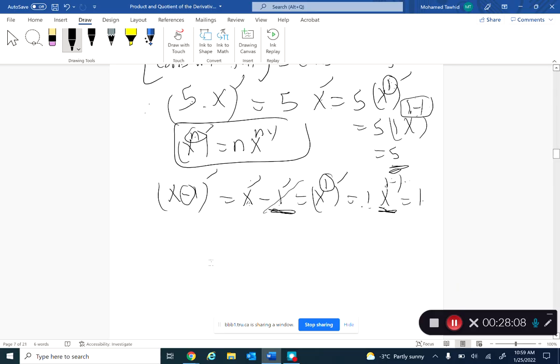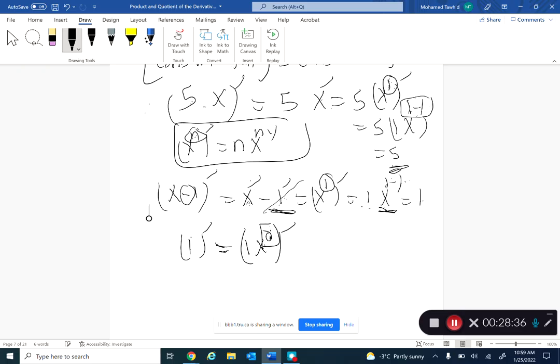The reason the derivative of any constant is 0, why is that? You can ask a question, for those people who haven't watched my previous class. Why is the derivative of 1 zero? I could write 1 as x to the power 0. x to the power 0 is 1. So what is the rule here? What is your n here?